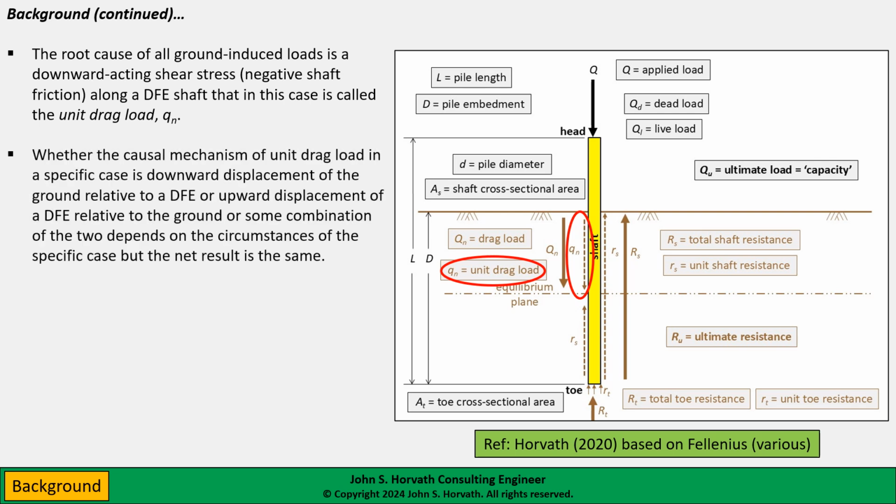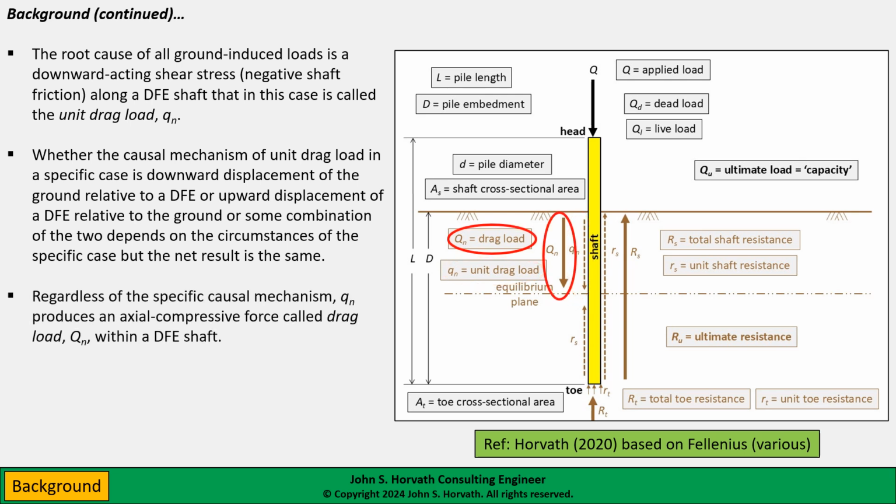Now, whether the causal mechanism of unit drag load is downward displacement of the ground relative to the DFE, or upward displacement of the DFE relative to the ground, or some combination, it doesn't matter for the purposes of this discussion because the net result is the same, and that's the important thing.